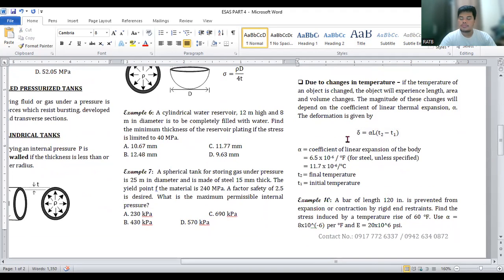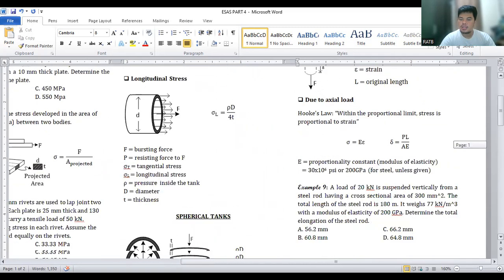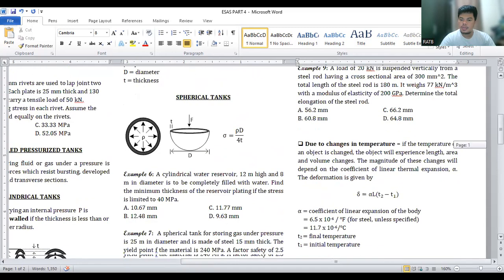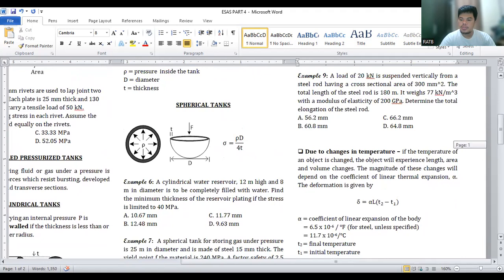Okay, so the next item, in relation to Hooke's law, we have the axial elongation, or deformation due to the change in temperature.